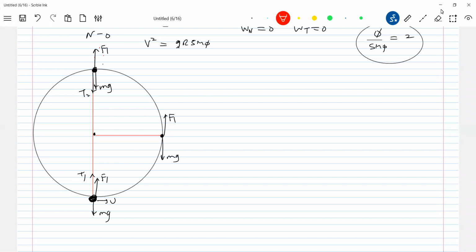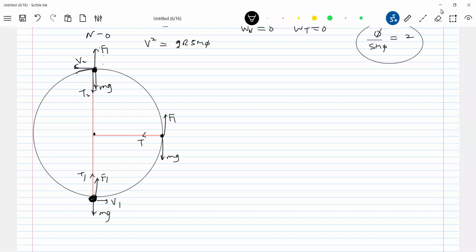So I'm just asking you, where is the critical point here? So we'll do one thing, write the equation. Here the velocity of the bob will be, say, V1. This will be V2.